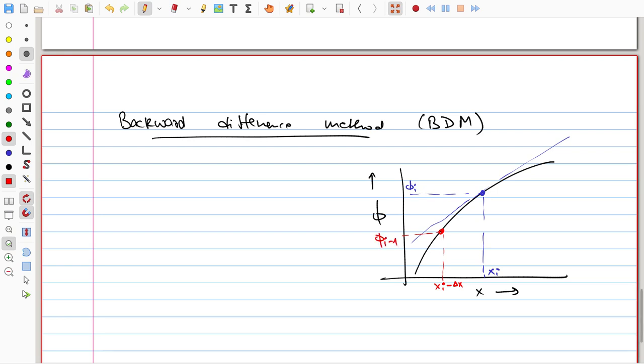And if I join these two dots, the red one and the blue one, that gives me a slope which is slightly steeper than the blue line, which I want to approximate.